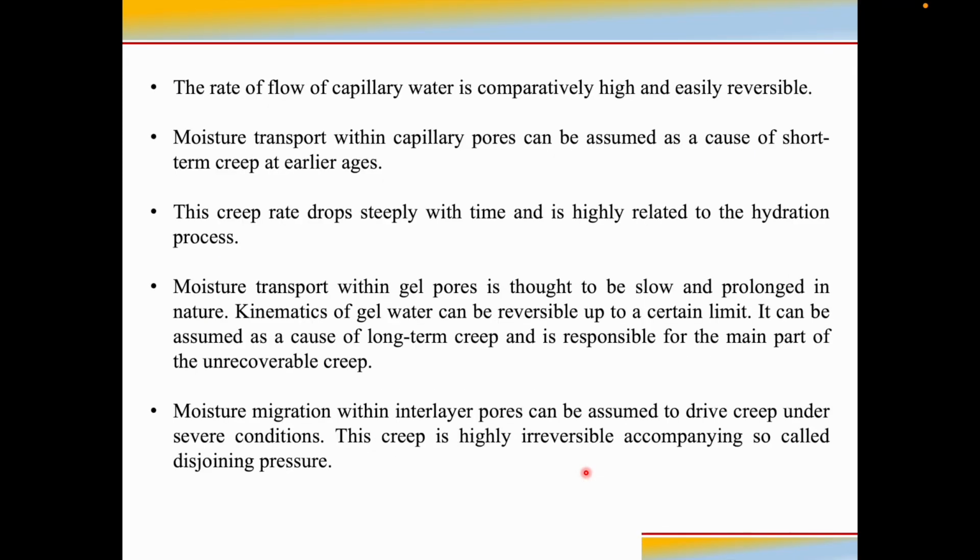The rate of flow of capillary water is comparatively high and easily irreversible. Moisture transport within capillary pores can be assumed as a cause of short-term creep at earlier ages. This creep rate drops steeply with time and is highly related to the hydration process.